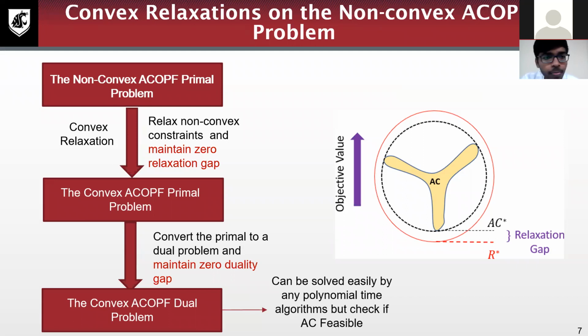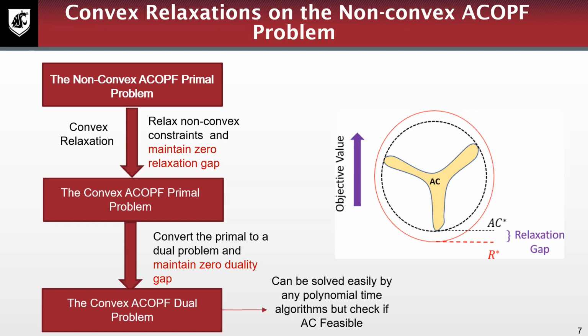To start with, we have the original non-convex ACOPF problem. Then we use some kind of convex relaxation. Then the primal problem becomes a convex problem. But the thing here is that we have to maintain zero relaxation gap.